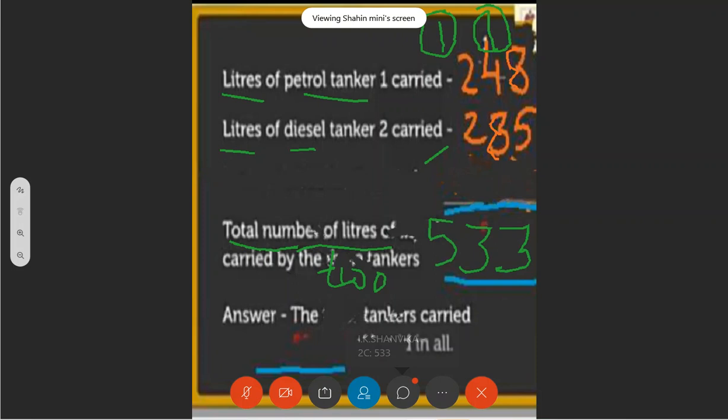The two tankers carried how much? 533 liters. Yes, children? Hope you have enjoyed.